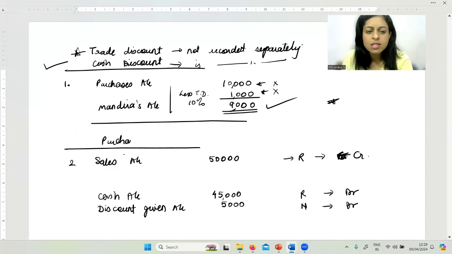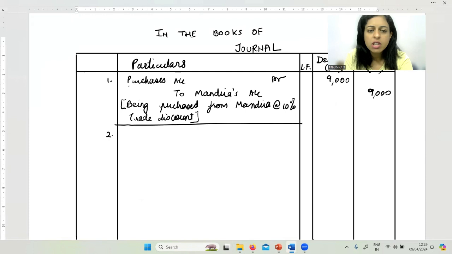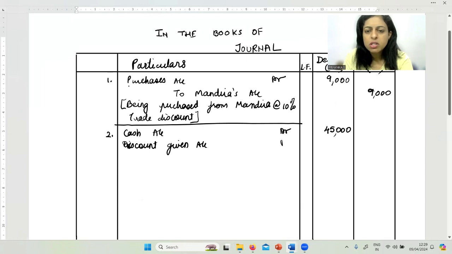So how do I journalize this? Now debits I'm going to write first. So I will write the second transaction here, cash account debit, 45,000. Discount is expense, so discount given account also debit, 5,000.